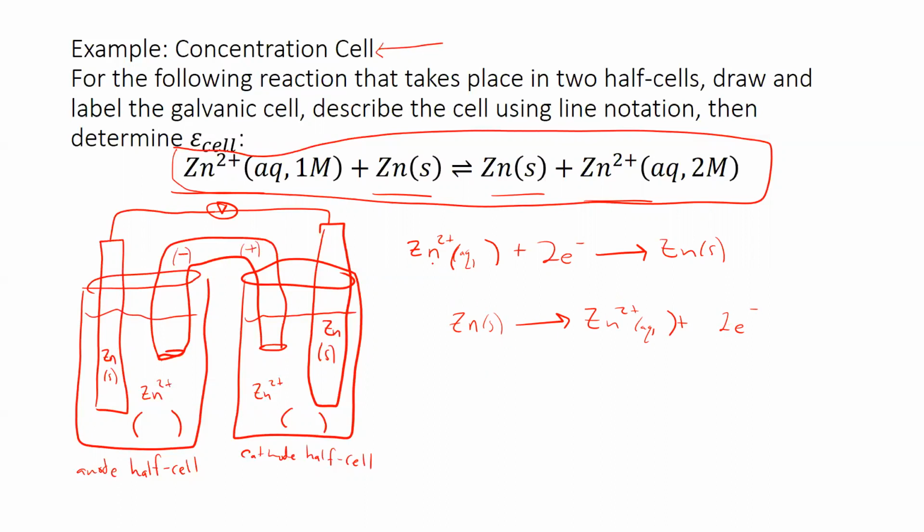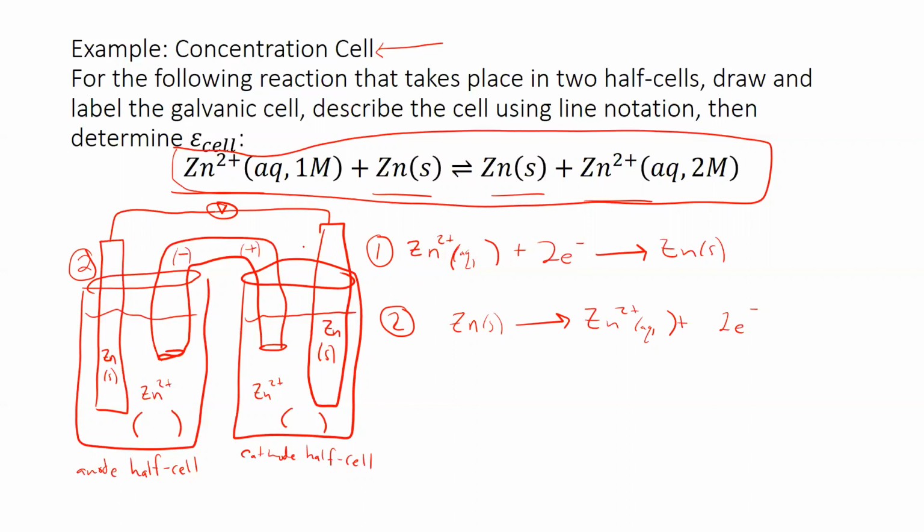So one of these half reactions is occurring in one cell and the other half reaction is occurring in the other cell, assuming this is a galvanic cell. So what we can do first off is say, well, this first equation is the reduction, and the second equation is an oxidation. So we know that the second equation is for the galvanic cell on the left, because that's the oxidation that occurs in the anode compartment.